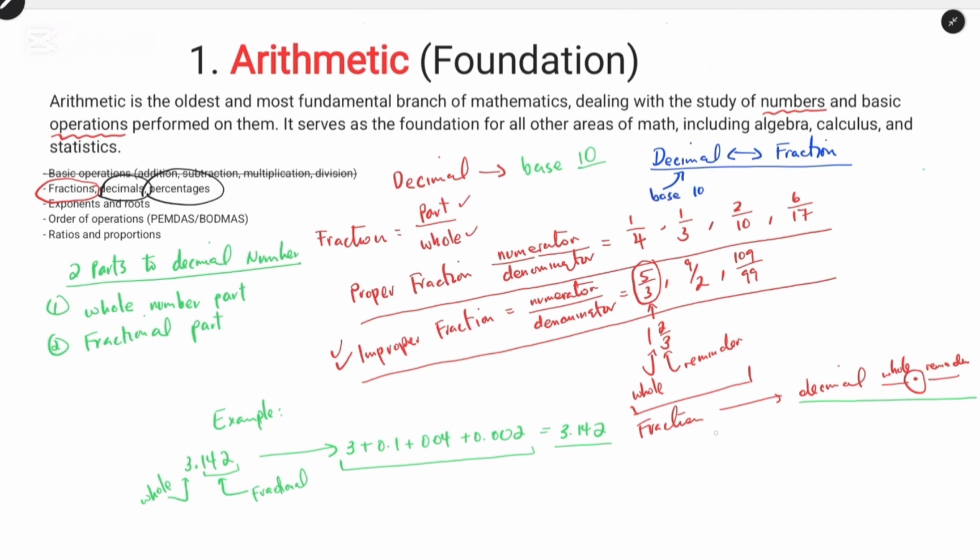As an example, we can look at the fraction 1 and 1/4. We can represent this in decimal as 1.25. 0.25 represents a quarter of a whole number which is 1.